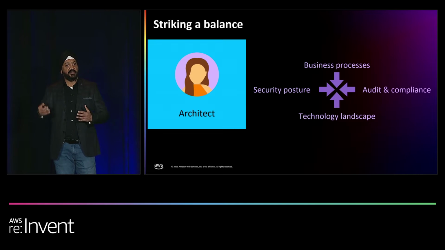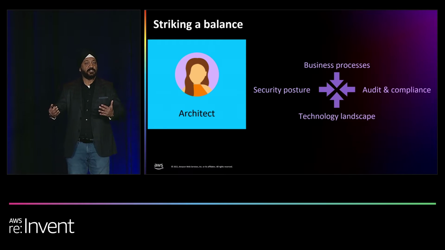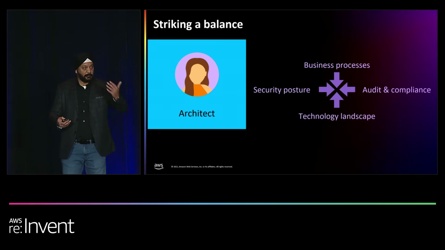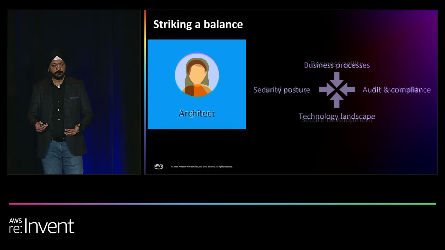While aligning to the enterprise architecture technology landscape. Technology landscape is changing, right? So they want to align to the newer standards. So the cloud security architect has to balance between both of these to say how they can optimize and come up with a solution or a strategy that can not only improve the security architecture or security posture, but also simplify the business processes for the end users.